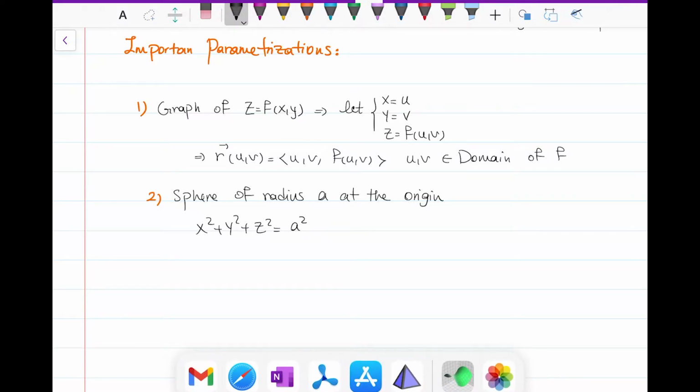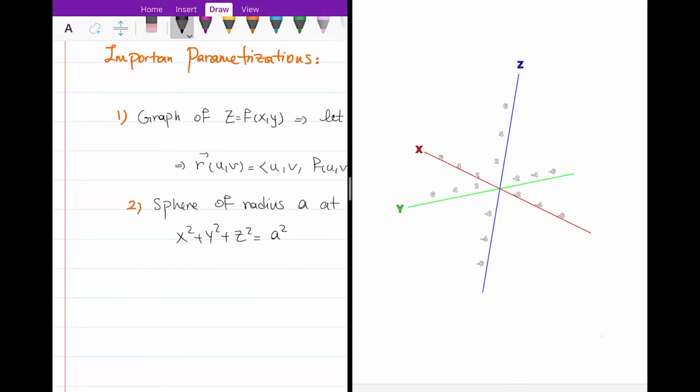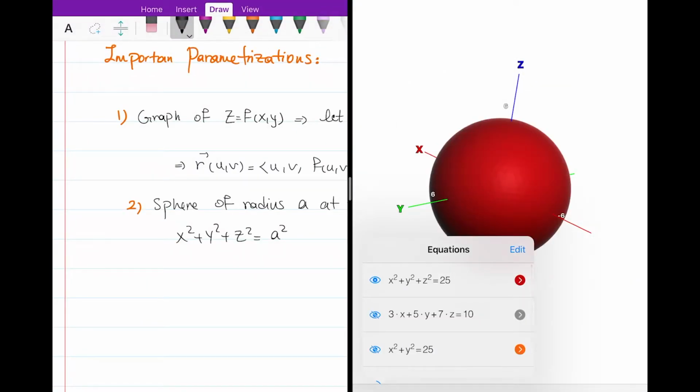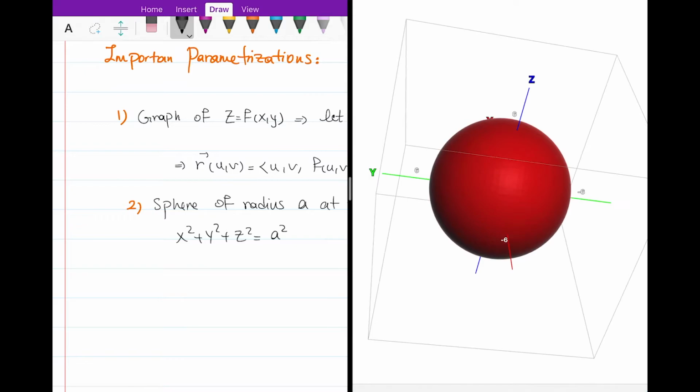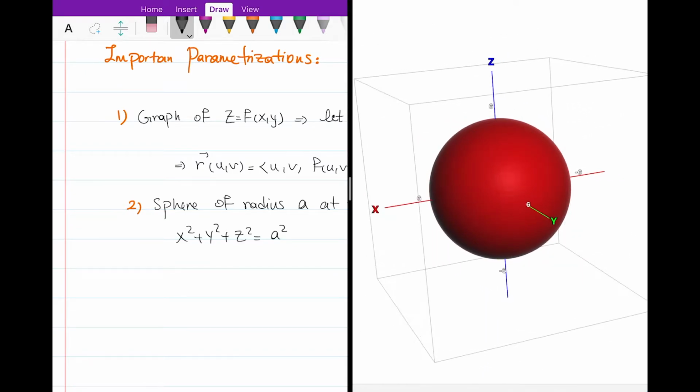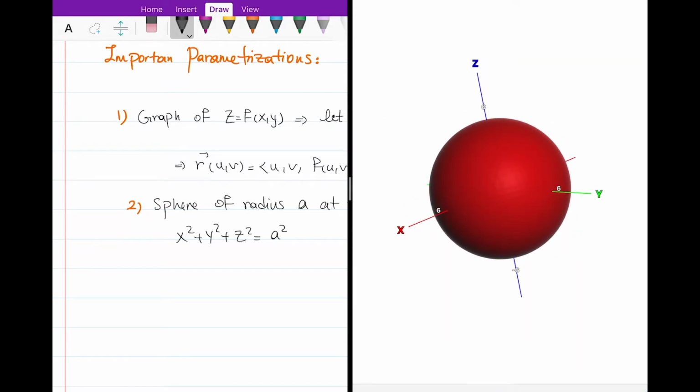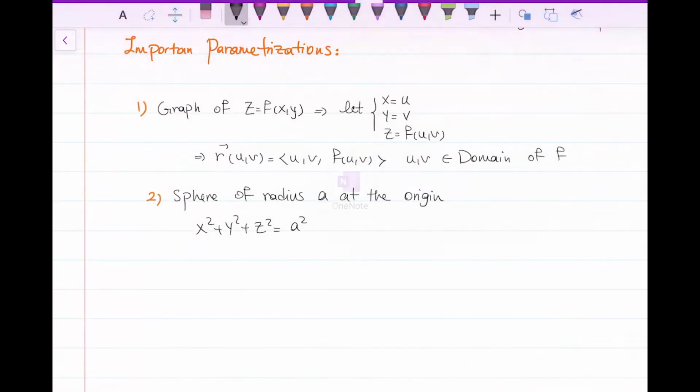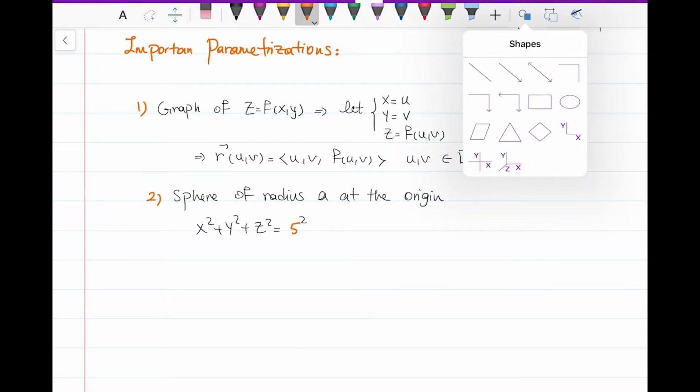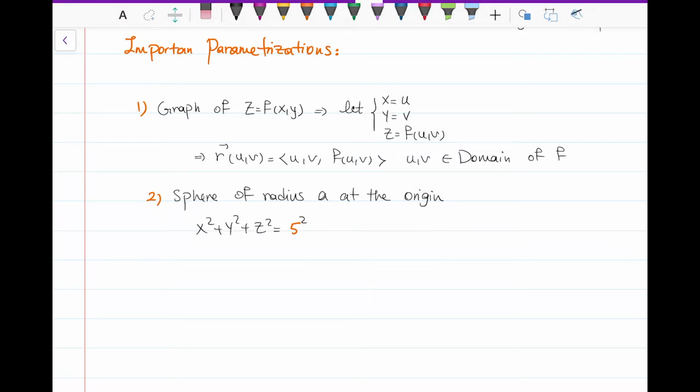So let me show you the graph of a sphere. This is a sphere of radius 5 in space. I'm going to parameterize this, so instead of a, let me choose radius 5. To parameterize that, I'm going to use spherical coordinates.